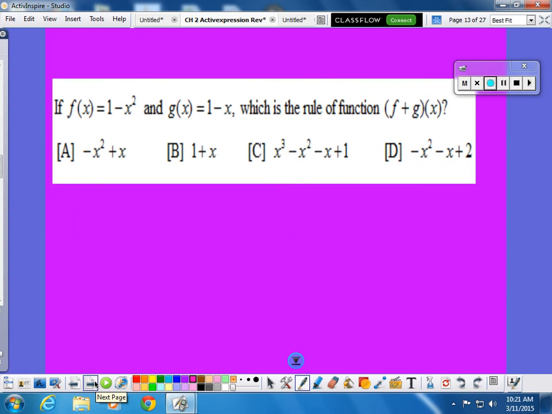Alright. We are to find the sum function. So all you do is add together, and then put your answer in descending order.